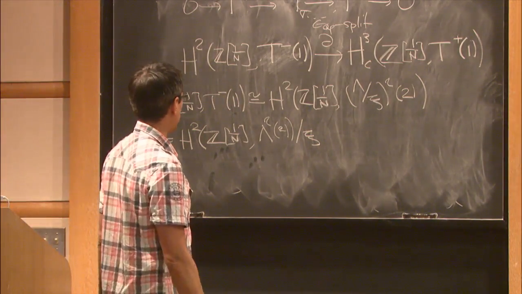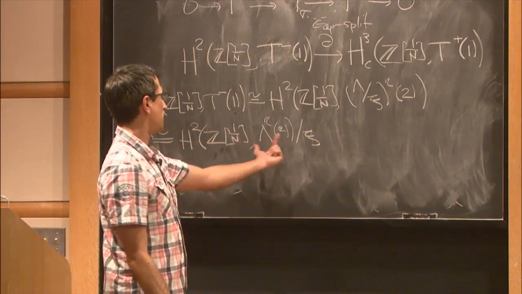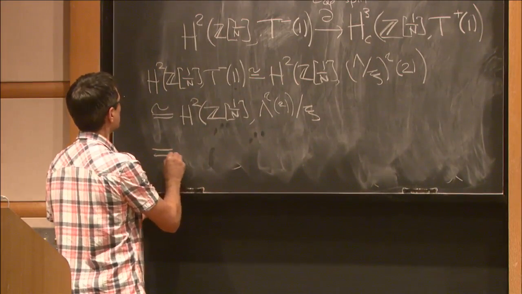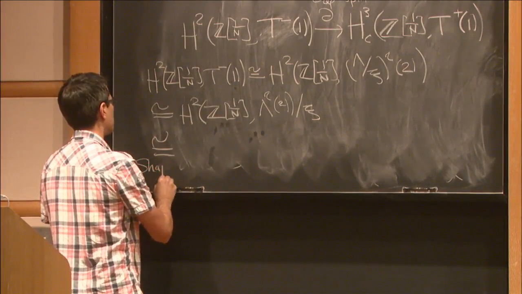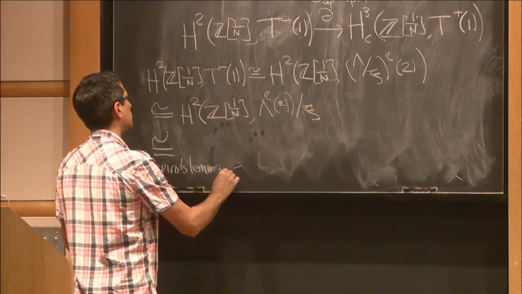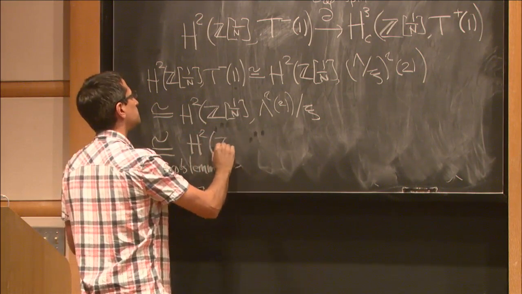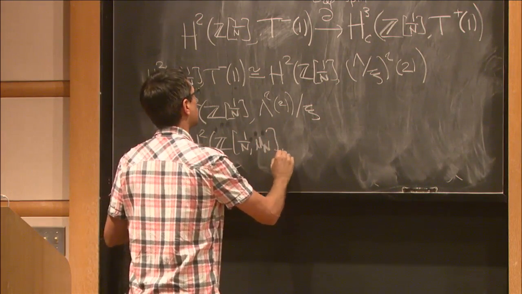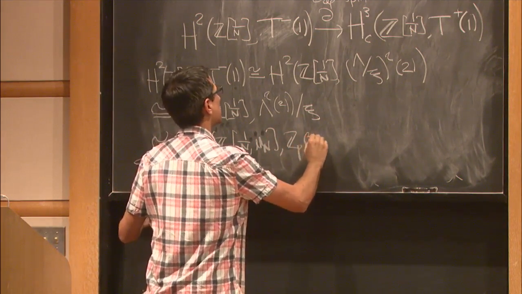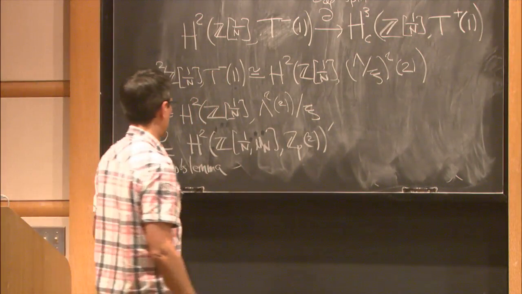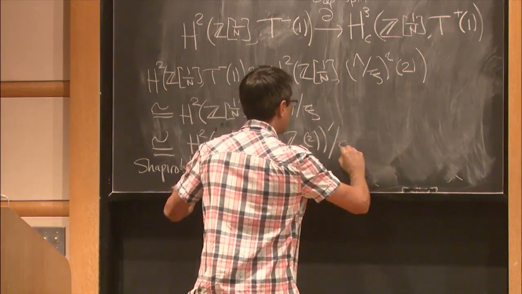The next thing to note is Shapiro's lemma tells me that this is isomorphic to the cohomology of this thing, and then I need to take the prime part, because I've only included prime parts, mod c.